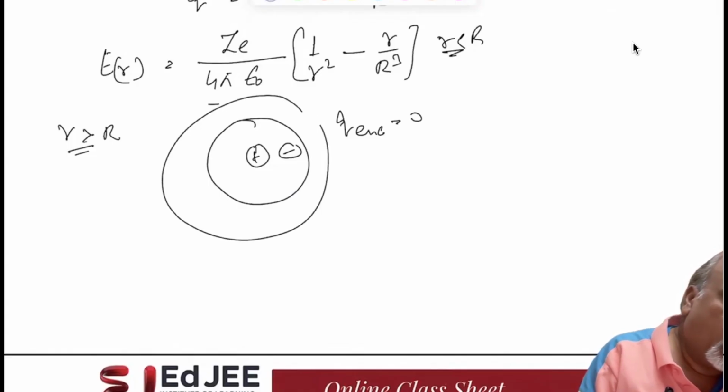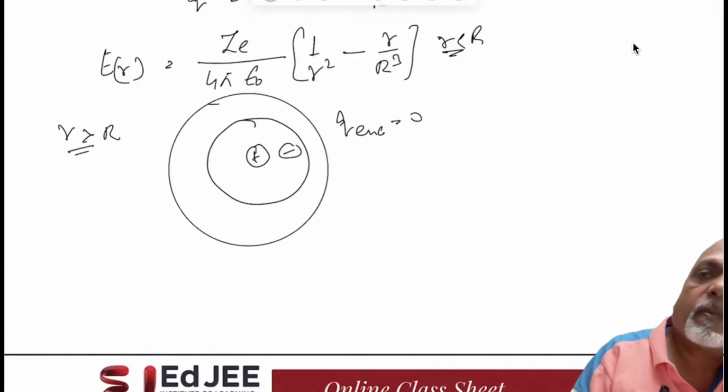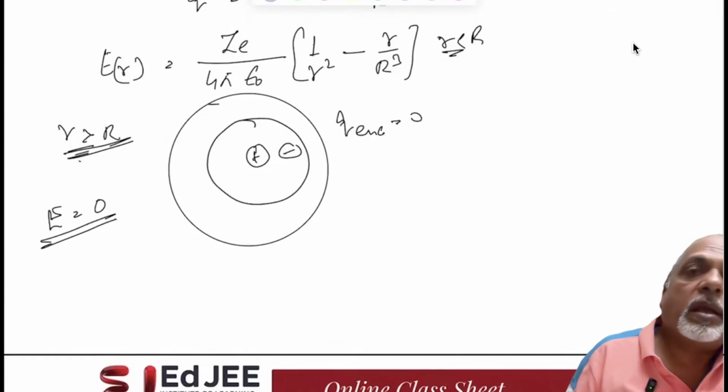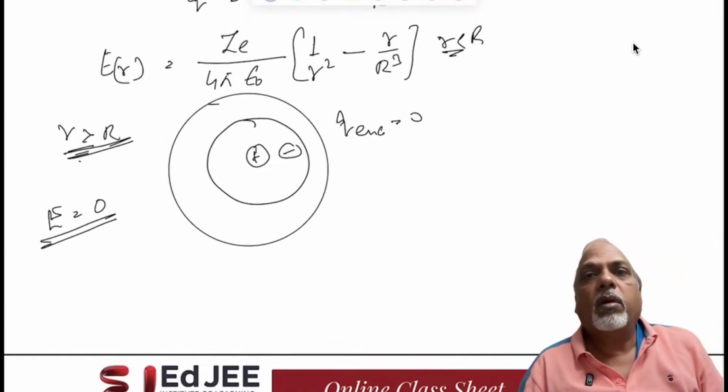Suppose we make a Gaussian surface. If r is greater than R, then E will be 0.